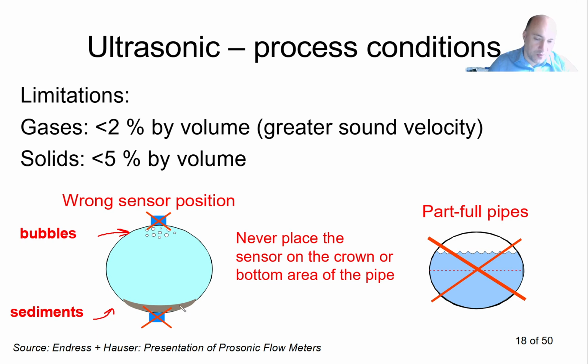If we have some impurities that may sediment on the pipe, the ultrasonic signal might be blocked also by those sediments. So never install the ultrasonic flow meter from the top or from the bottom of the pipe. The correct installation is like that from the sides, so that the ultrasonic signal can travel back and forth and will not be prevented by eventual bubbles or eventual sediments.